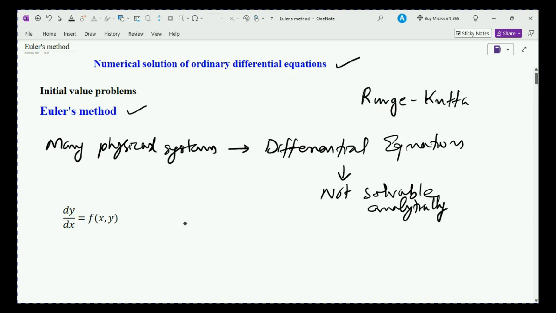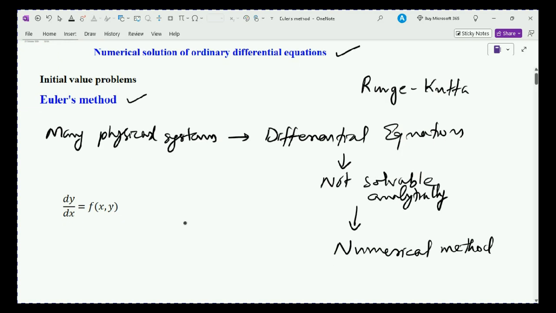In such cases, we know that we have to resort to numerical methods, which is the entire idea of these modules. We will start with a very simple problem, solving an ordinary differential equation using a numerical method, and the method we are going to discuss is Euler's method.